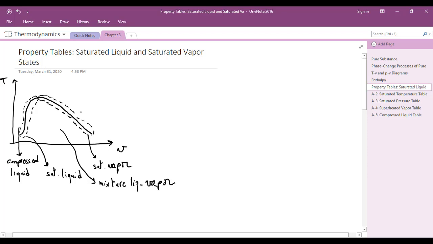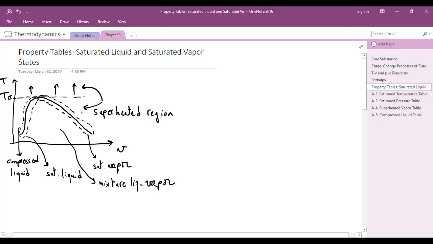To the right of the saturated vapor line, we have the superheated region. And also above the critical temperature, above this line is also the superheated region.